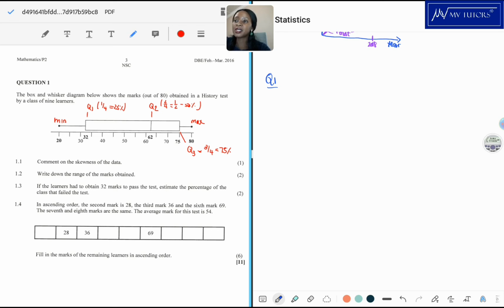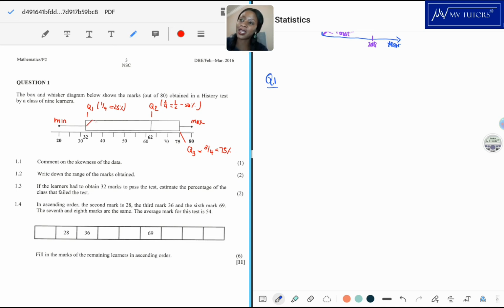So our minimum is 20, our first quartile is 32, our median or second quartile is 62, our third quartile is 75 and our maximum is 80. All right, now let's see. It says comment on the skewness of the data. Now I told you, if you want to know whether something is skewed to the left or to the right, if you look at a box and whisker diagram, look at the side that has the most space.